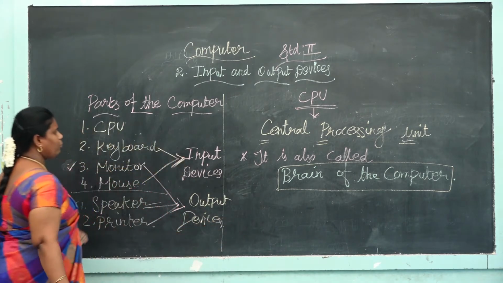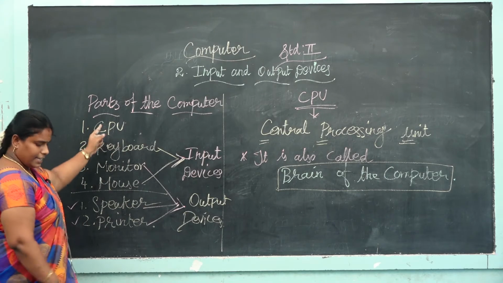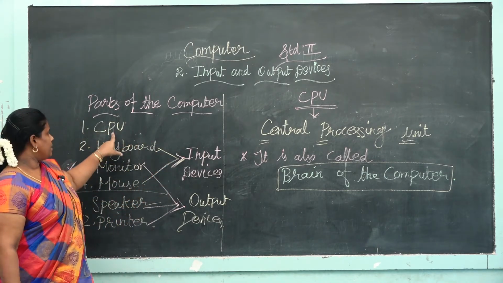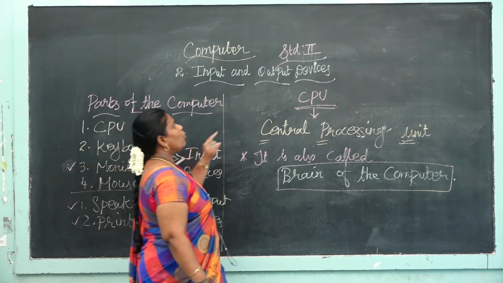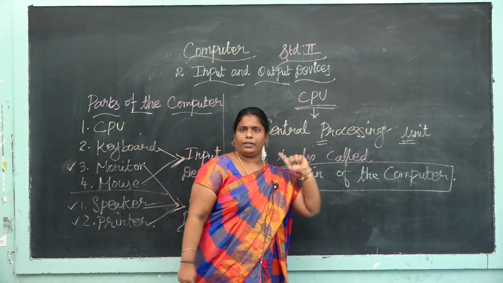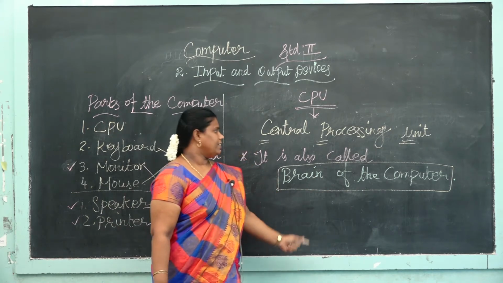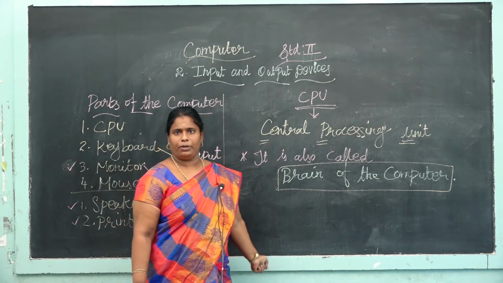So all input and output devices are connected to the CPU. So the CPU is the most important part of the computer. It is otherwise called the brain of the computer.